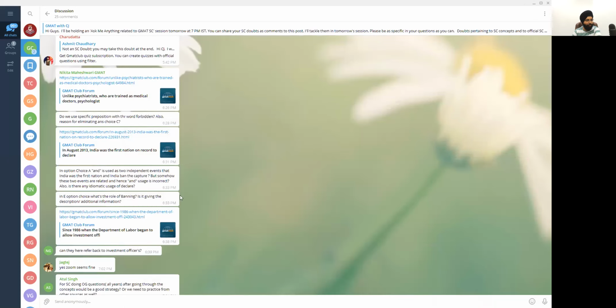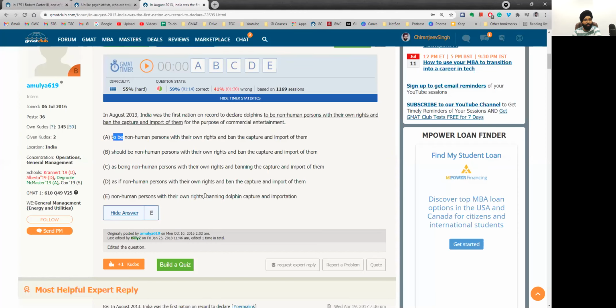In option E, what is the role of banning? It is giving description. So it's a comma verb+ing. They declared dolphins non-human persons. The first nation to declare dolphins to be non-human persons, and essentially it's saying declaring this, banning the capture and importation.